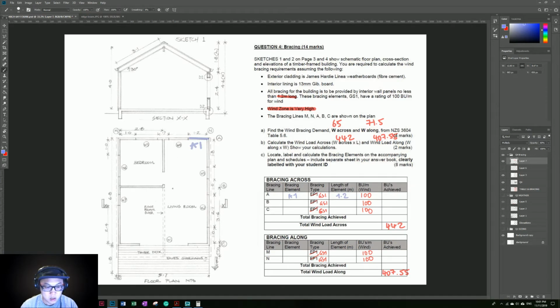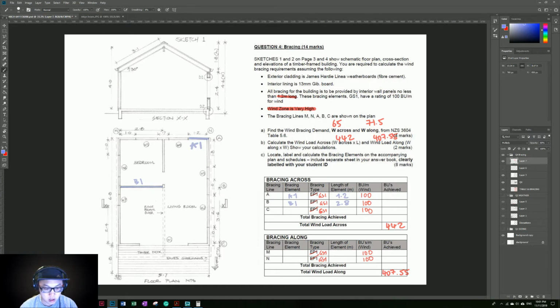Line B. The only place where you can have it is on that wall, and that wall is 2.8. So this one is going to be called B1, length 2.8.